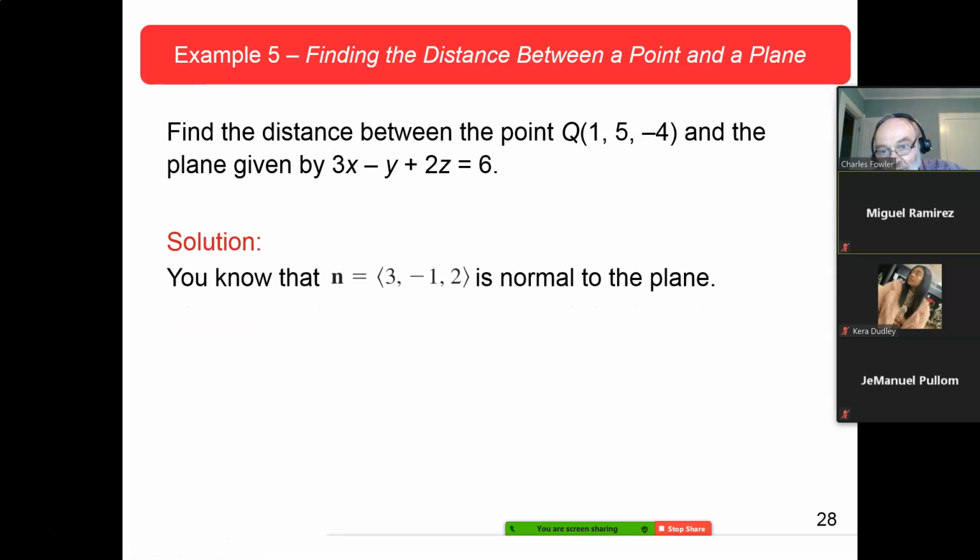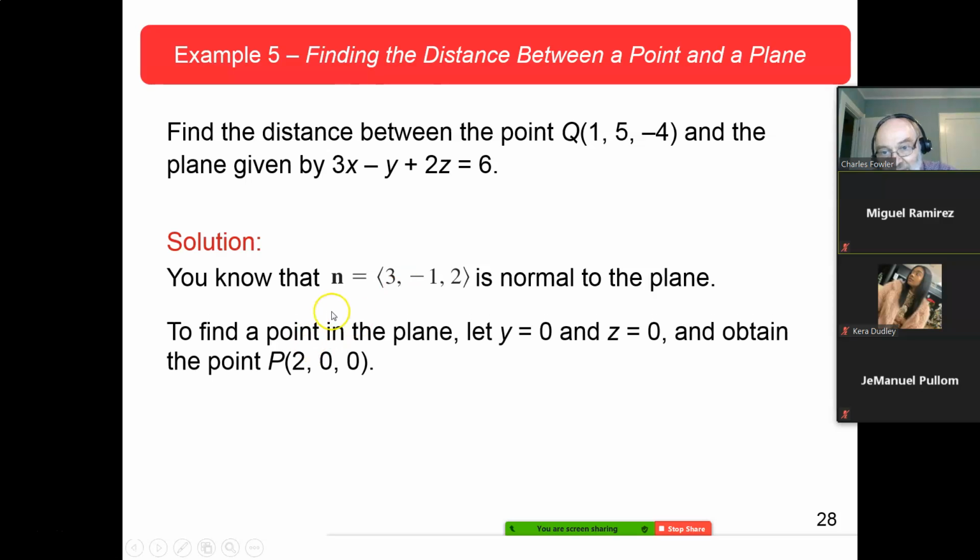Okay, you know that n is equal to 3, minus 1, 2. That's the normal vector. Okay, normal to the plane. Okay, to find the point in the plane, let y and z equal 0, and then x is equal to 2. So there's a point in the plane, 2, 0, 0. Okay, now here's the point not in the plane.